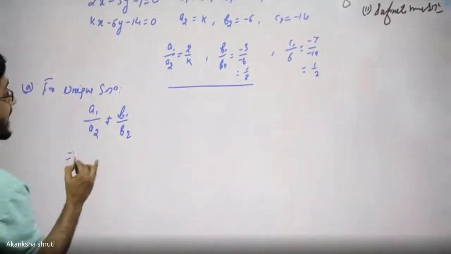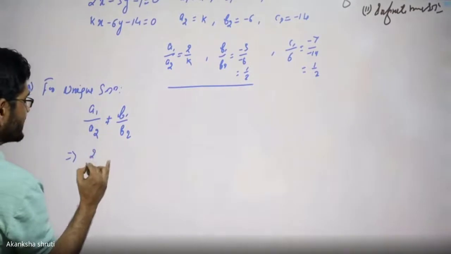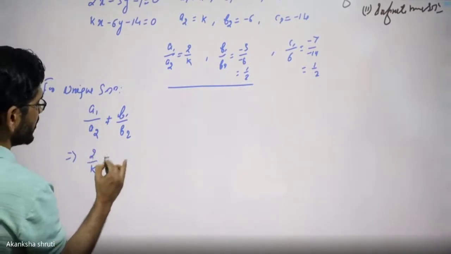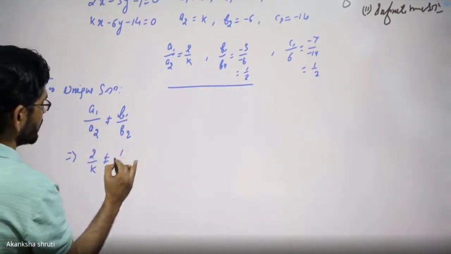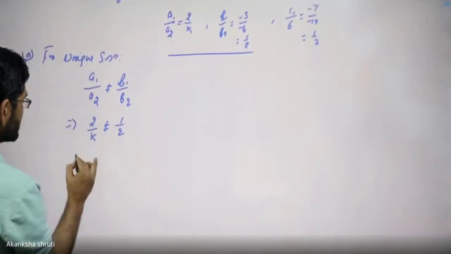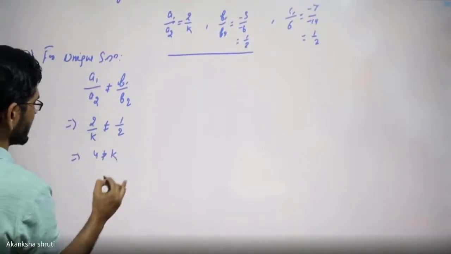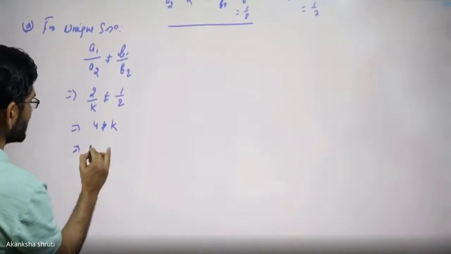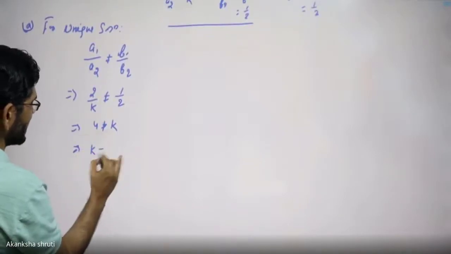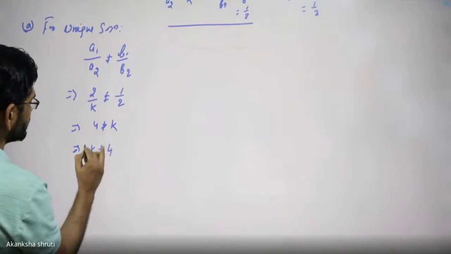So this implies 2 by k should not be equal to 1 by 2. Just we need to solve it. Go for the cross multiplication. 4 is not equal to k. Or simply bringing this k to this side, cancelling the minus, k should not be equal to 4.